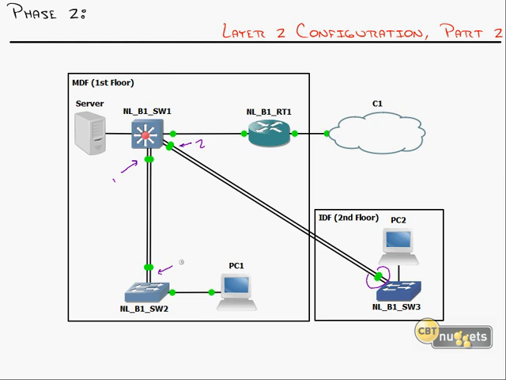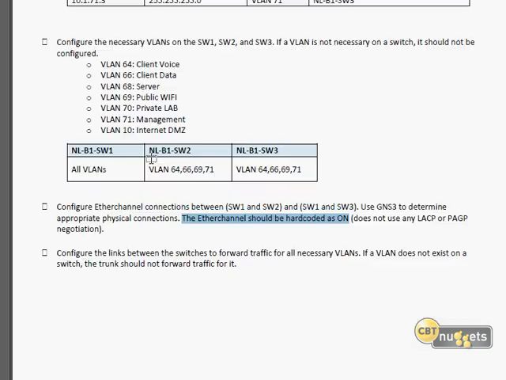I could use channel group 2 here, if you're crazy, and channel group 5 for this. It doesn't have to match, as long as on the same device we have something to distinguish between the different EtherChannels running on there.